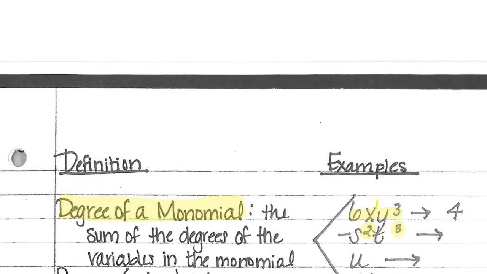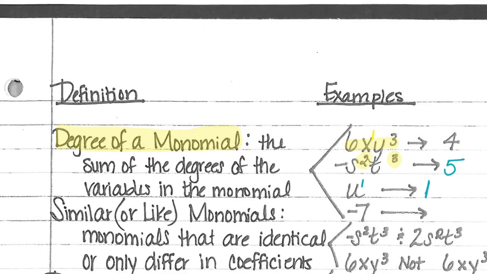So what will that one be? 5, and then this is just u to the first, so that will be a 1. Oh, sorry, I didn't finish the last question. -7 doesn't have a variable, so I know that anything to the 0 power is 1. So this is going to have a degree of 0.